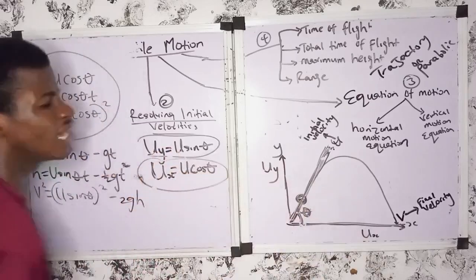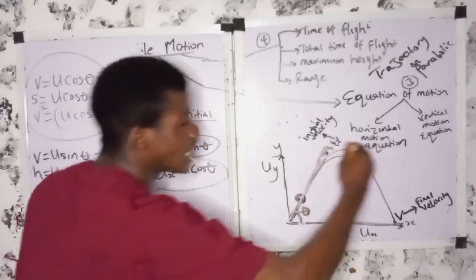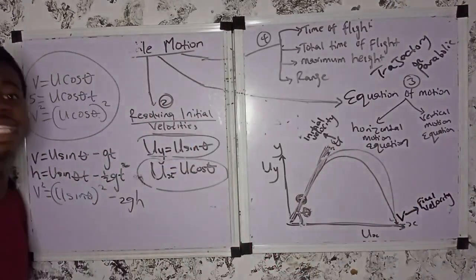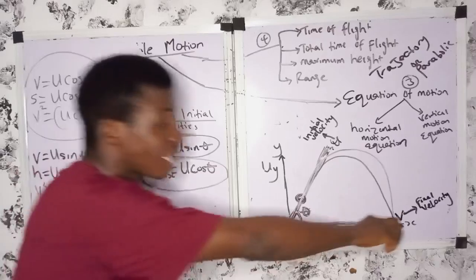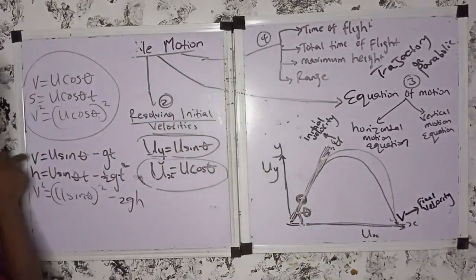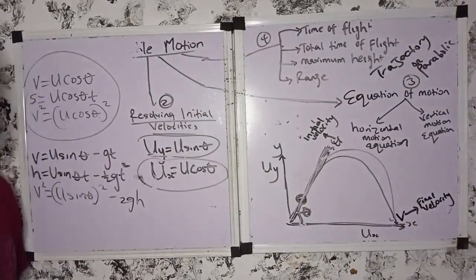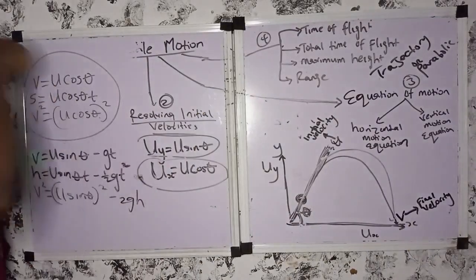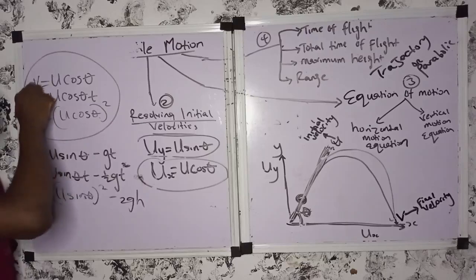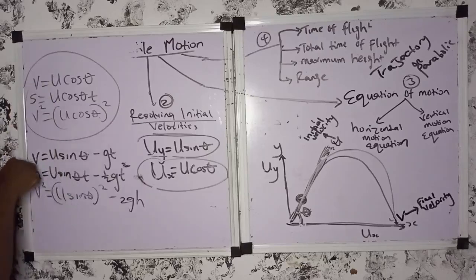Now when the body finally lands, this final velocity is different from these two. Remember, this is the final horizontal velocity, right? And this is the final vertical velocity.